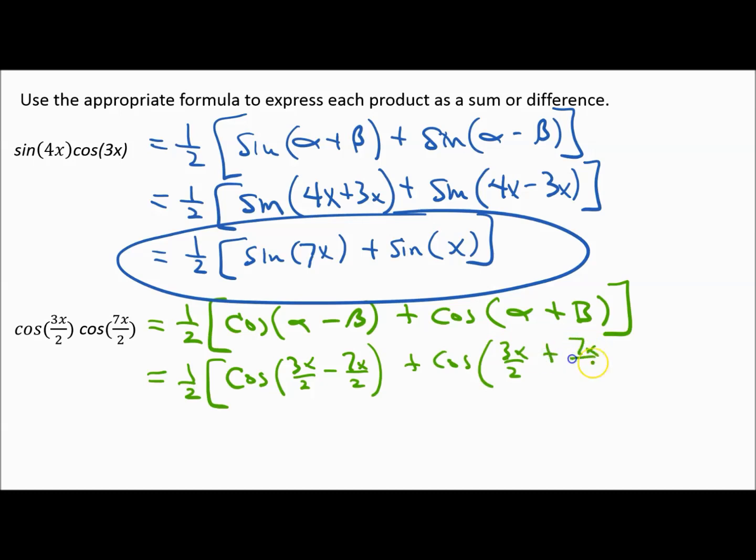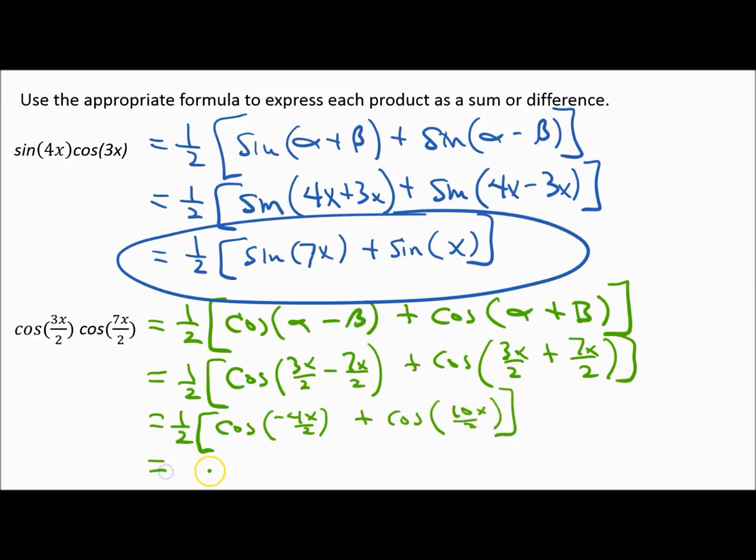plus 7x over 2. Simplifying, that's 1/2 the cosine of 3x minus 7x, which is negative 4x over 2, plus the cosine of 3x plus 7x, which is 10x over 2. You are required to simplify these expressions as far as you can go.